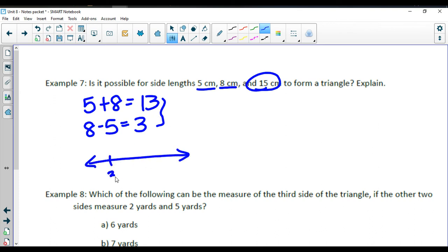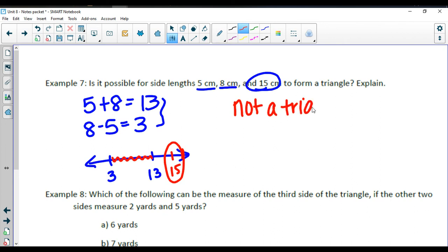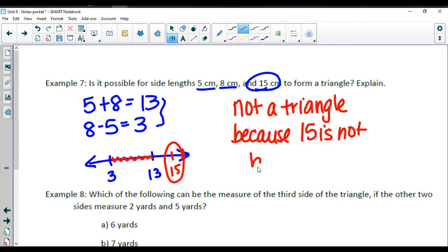On a number line, 3 is here, 13's up here, and 15 is actually up here. 15 is outside of your range, so this is not a triangle, and your explanation is because 15 is not between 3 and 13.